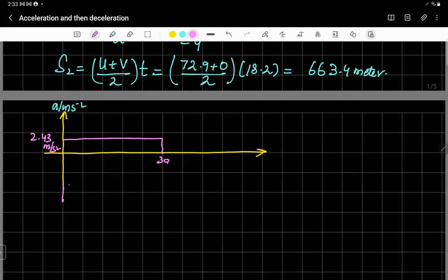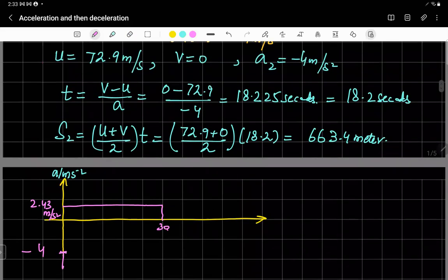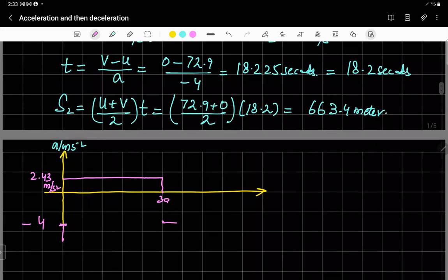Then a deceleration of minus 4 for 18.2 seconds. So it's 48.2. Okay. Do you understand it? Yes.